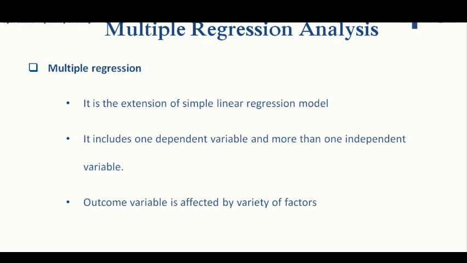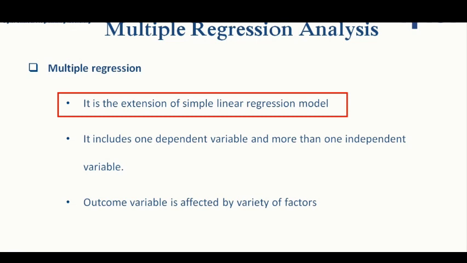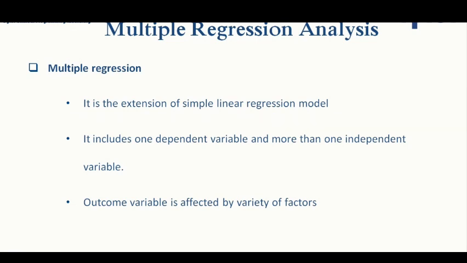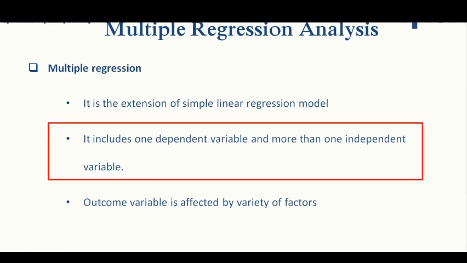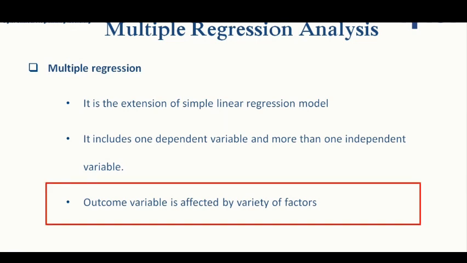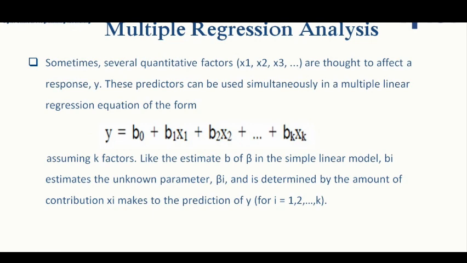So, in short, multiple regression is the extension of the simple linear regression model. It includes one dependent variable and more than one independent variable, and the outcome variable is affected by these independent variables. So, that is the model that we are talking about. We are in the linear setup.